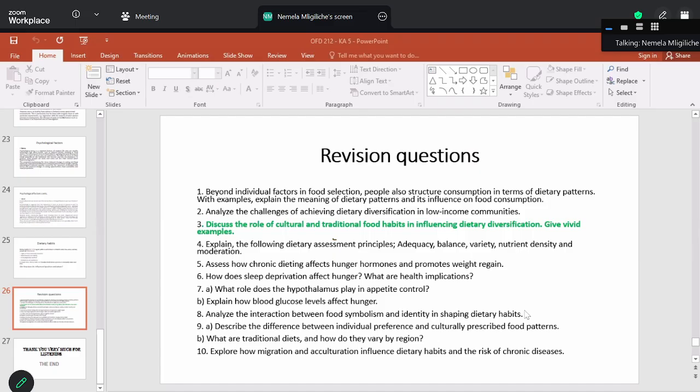For example, with chicken at home, the gizzard and all the good parts are given to men, and women and children eat the remaining, less good parts. Another is food beliefs during pregnancy, like avoiding eggs because the baby will be born without hair. These are examples of food beliefs which can limit diversification.